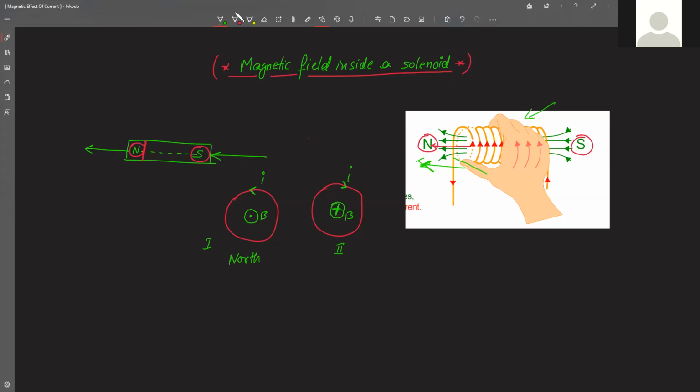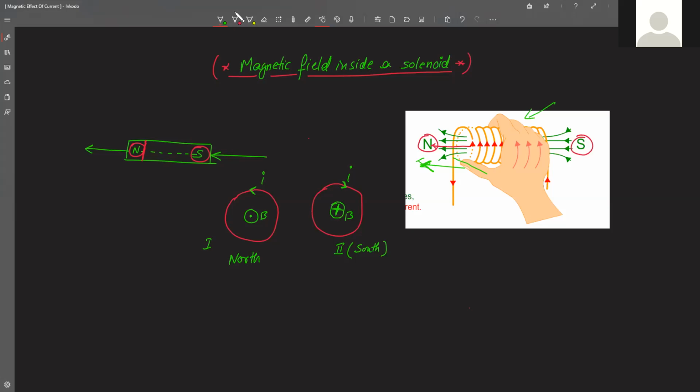And this side is behaving as south. So when you see the current in the anti-clockwise direction, the magnetic lines of force come towards you. That means that side of the wire is behaving as north.